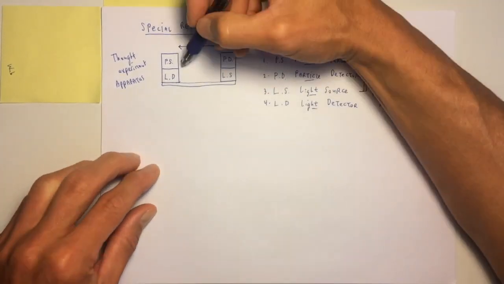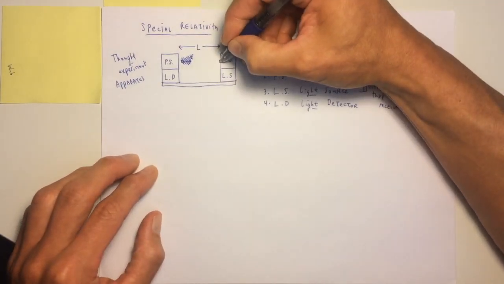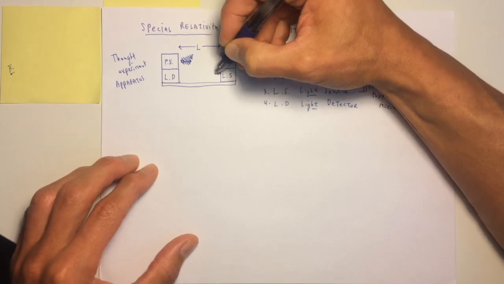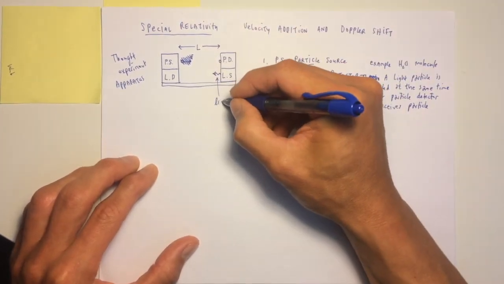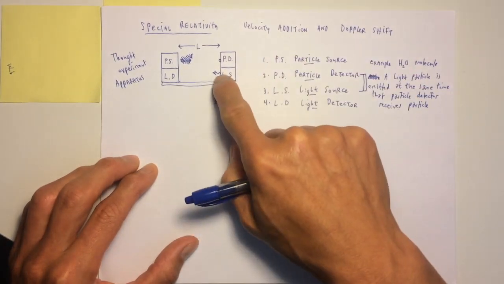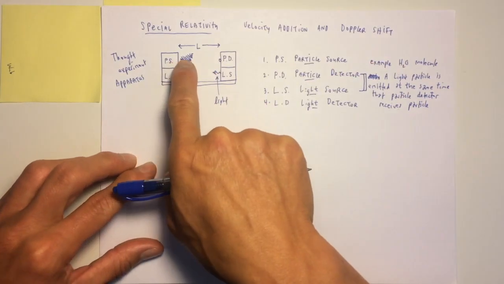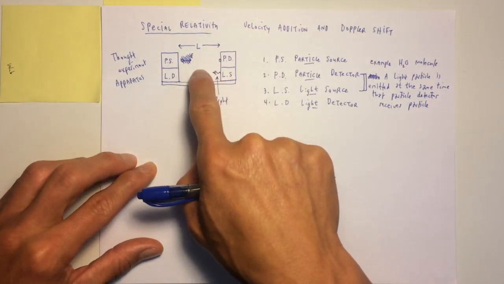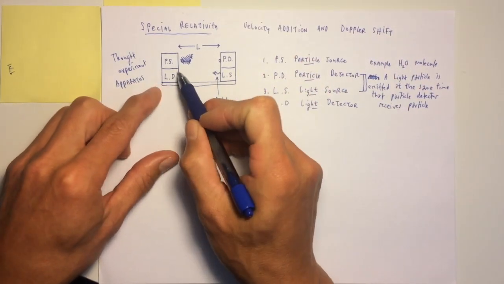So the idea is, as soon as the particle hits the detector, at the same moment in time, a photon or some light is emitted. So at the same instant. So particle travels across, and as soon as it touches here, a photon comes out, or some light comes out. And then, of course, it gets detected by the light detector.